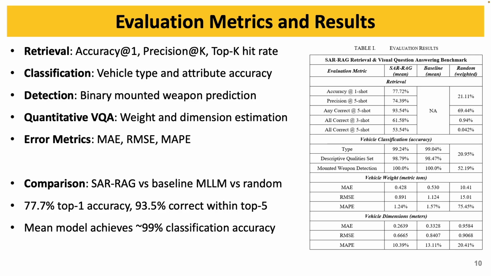Perhaps we're filtering some of our previous observations by the observation angle, perhaps any other metadata that we can put the SAR chip in context. But then we recall from our vector database to this retrieval, and our accuracy at one shot is about 77%. So we have some degree of inaccuracies where we have a chance to pull something that's not our target of interest, and that would lead us astray.